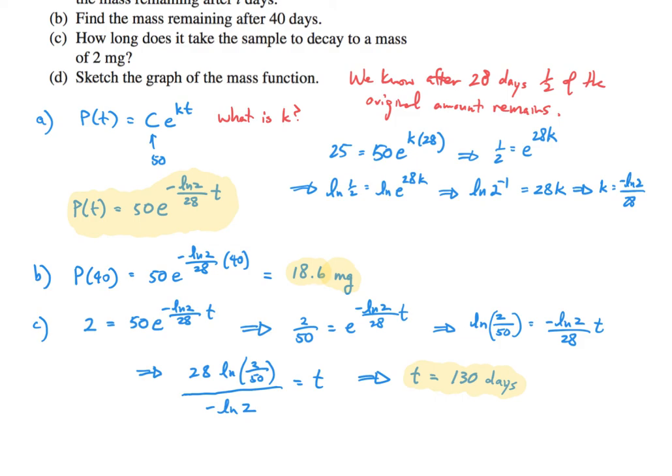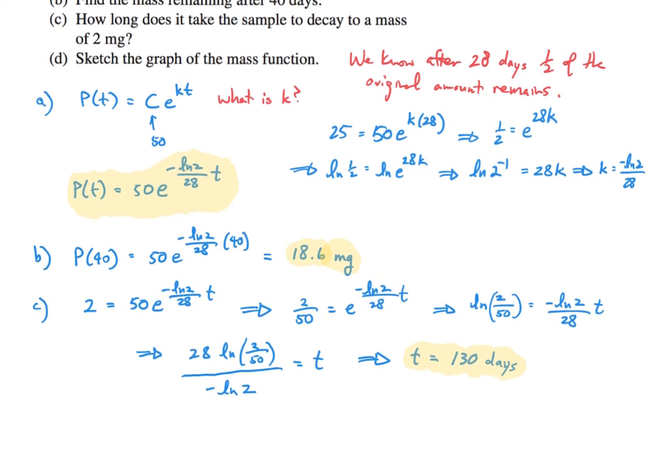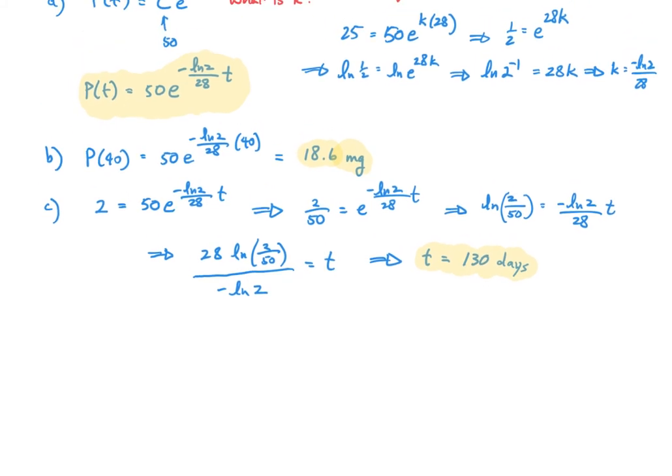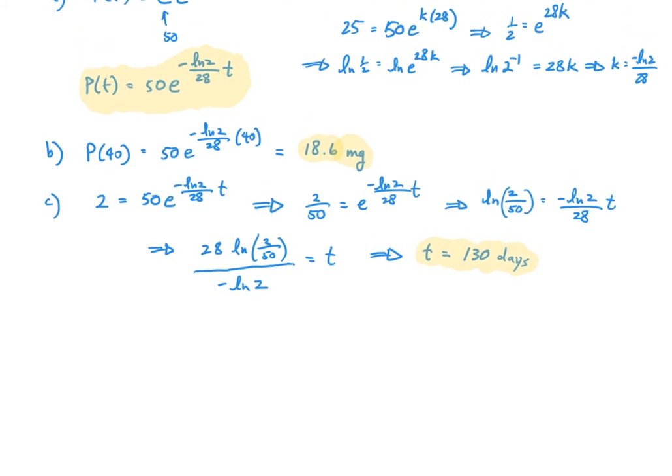And the last part says sketch a graph of the mass function. I think I'm going to skip that, but the basic shape is going to be a transformed exponential graph. So let me just draw a quick sketch for you. You can use Desmos to actually graph it properly, but very roughly speaking, your graph is going to have some axes like this.